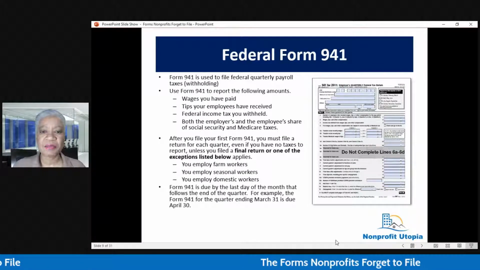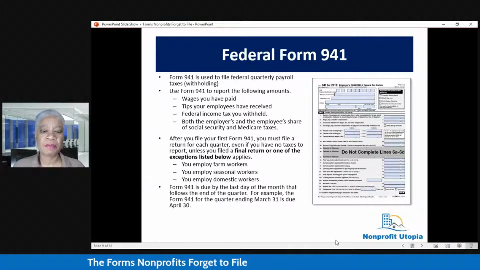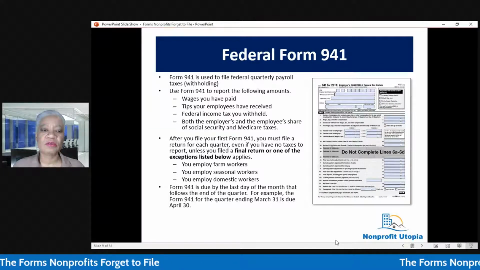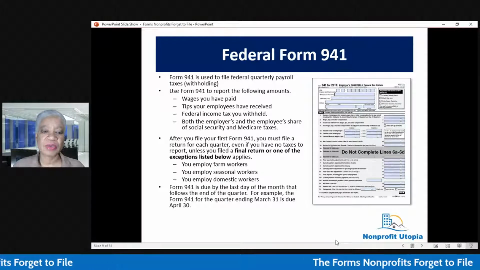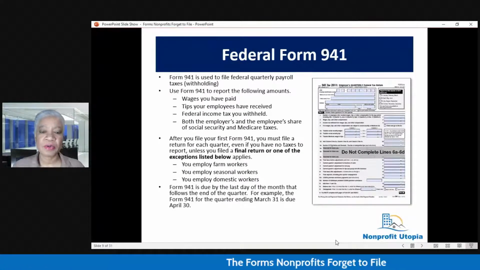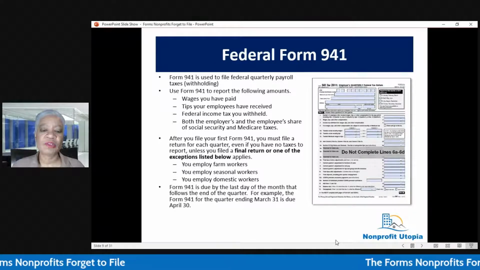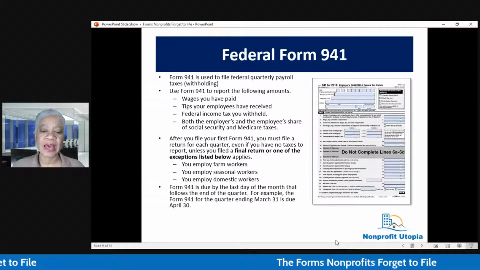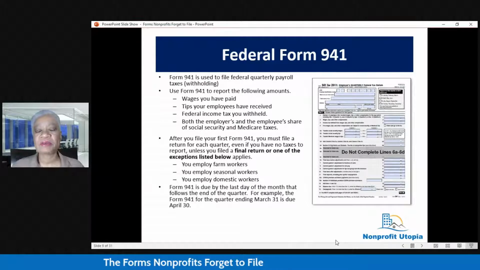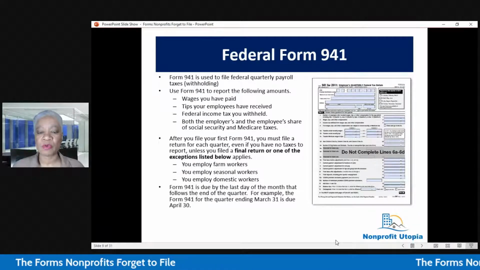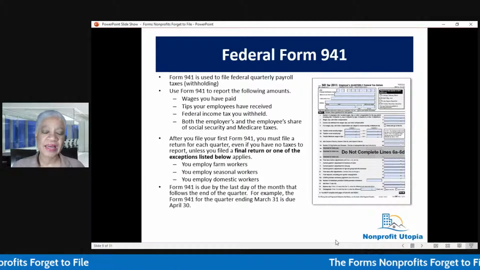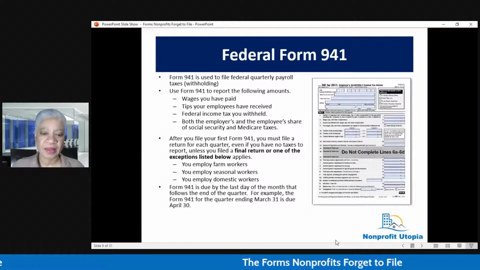You, as a nonprofit, don't need to be worried about the tips from your employees, but you should include the federal income tax that you withheld and the employer's and employee's share of FICA. All right. So after you file your first Form 941, you have to file a return every quarter, even if you don't have to pay any taxes. So again, you're required to file and you're required to pay.